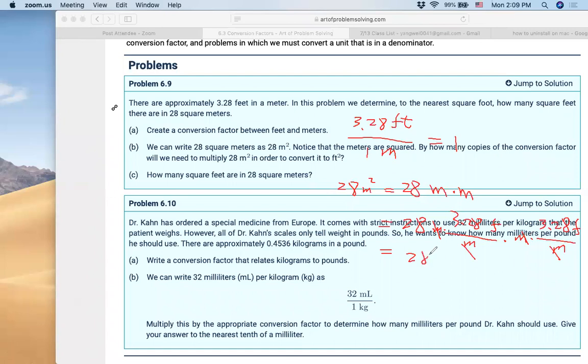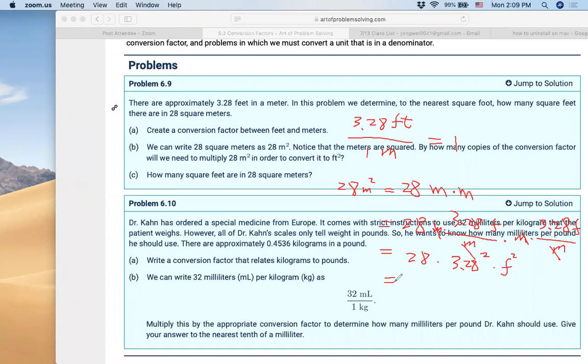So that's 28 times 3.28 squared, and this will be square feet. Then you do this multiplication: 28 times 3.28 squared. What do you get? Everybody do this.